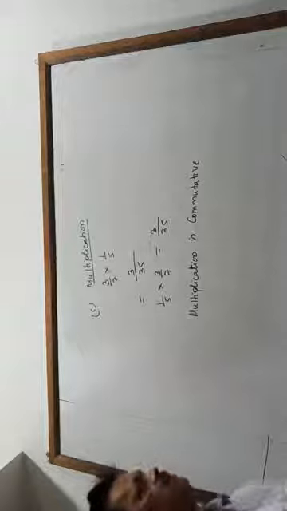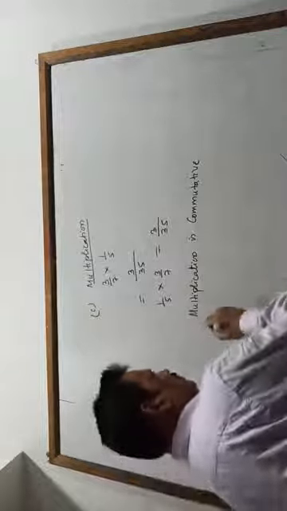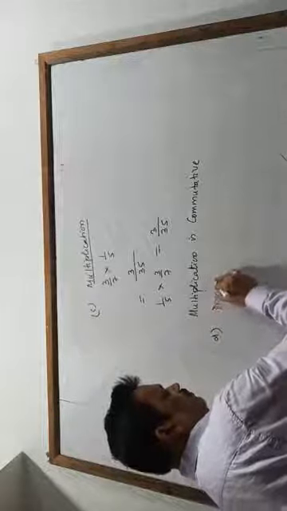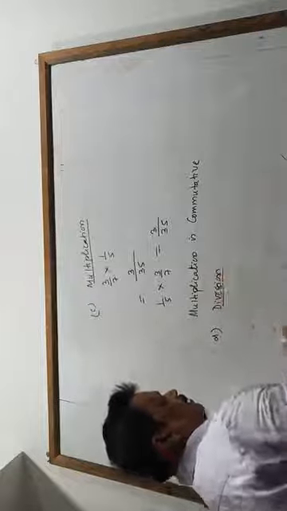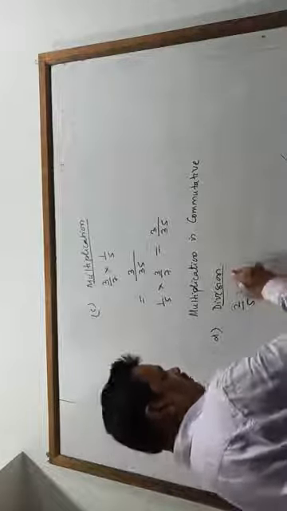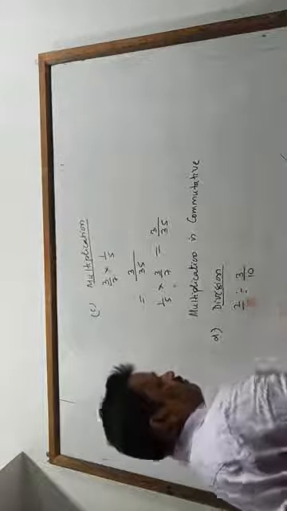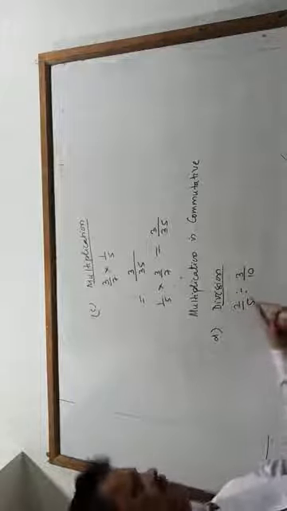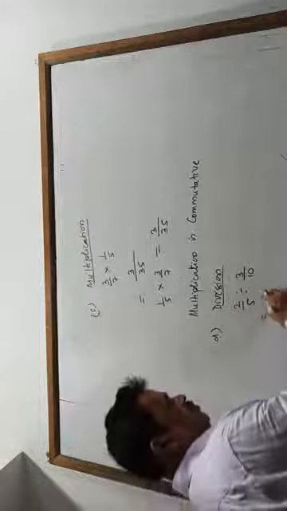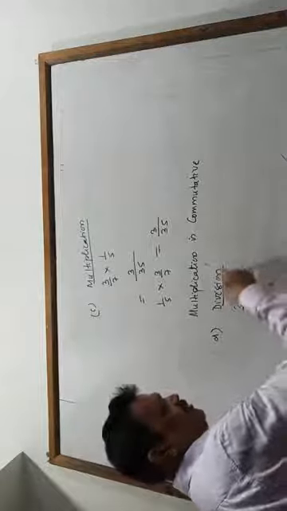Multiplication is commutative. Then comes division. 2 by 5 divided by 3 by 10. So that is 2 by 5, ulta.